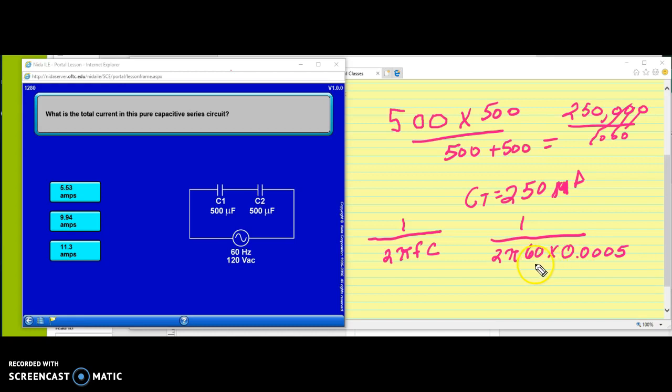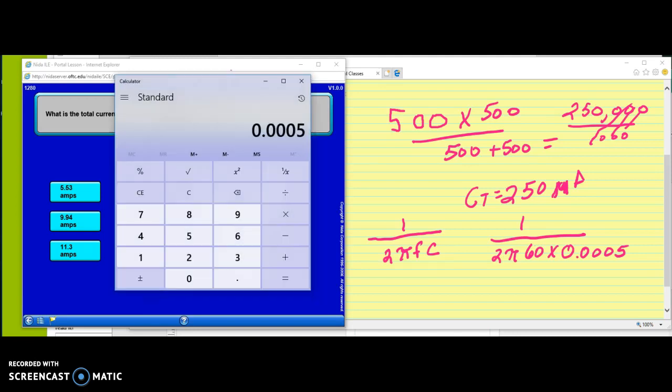If hertz were in megahertz or kilohertz, and this were in millifarads or whatever, we wouldn't necessarily have to switch if they cancel one another out. But for lack of a better term, it's always best to use base units if we've got a mixture there. So let's whip out the trusty calculator once again.